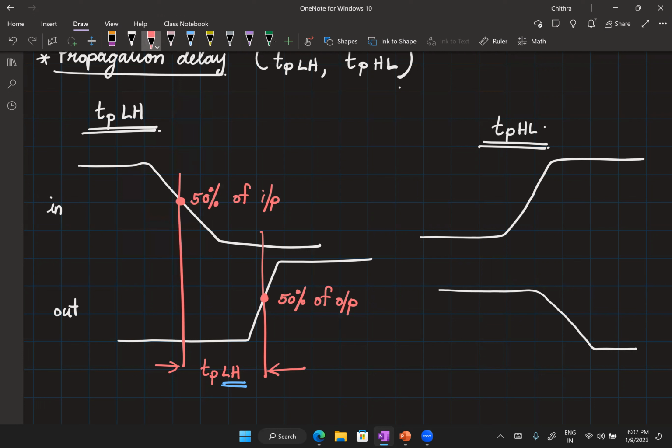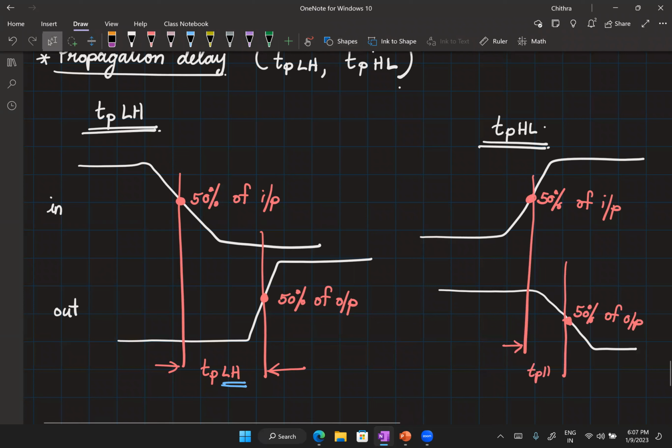So I look at the 50% of the input and the time at which it reaches 50% of the output. And this gives you TP-HL. Basically just revisiting all the definitions.